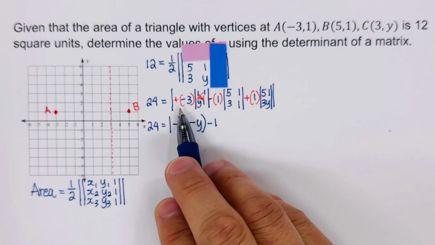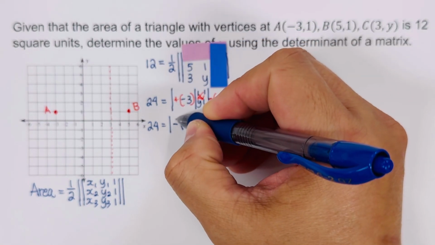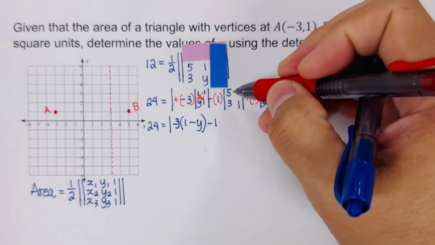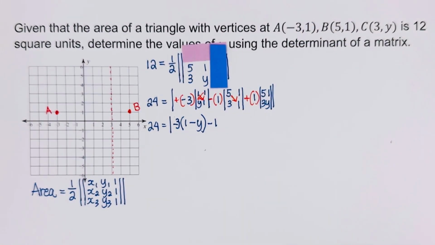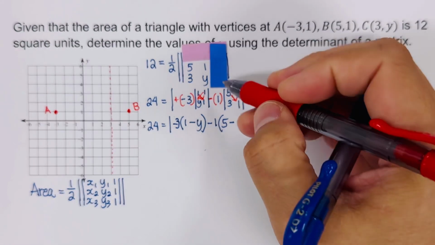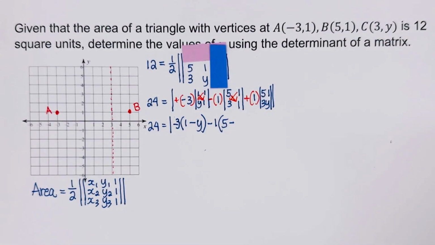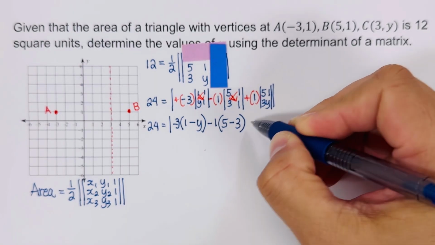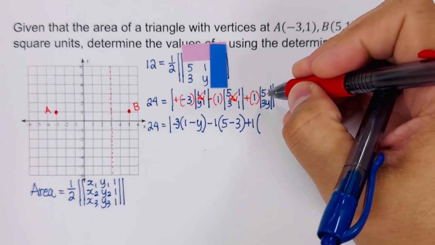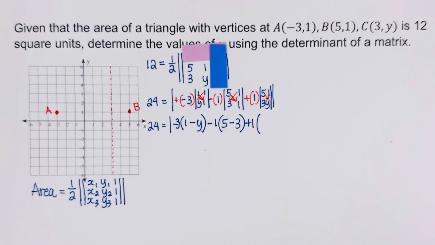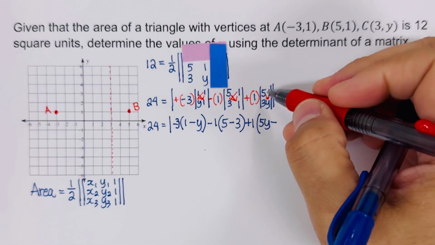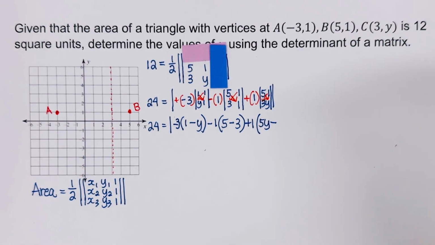We're supposed to have a -3 right here in front of these parentheses. And then we're going to multiply again the diagonal. 5 times 1 is 5. Minus 1 times 3 is 3. Plus 1 times 5 times y is 5y. Minus 1 times 3 is 3.